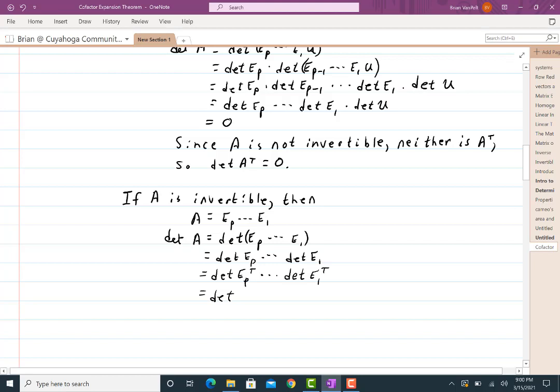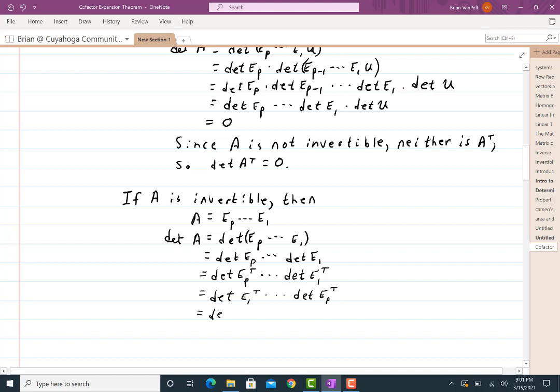Now, before I put them back together, I'm going to reverse the order, using the commutativity of the real numbers under multiplication. So I did that. Now, each of those E sub i transposes is an elementary matrix.